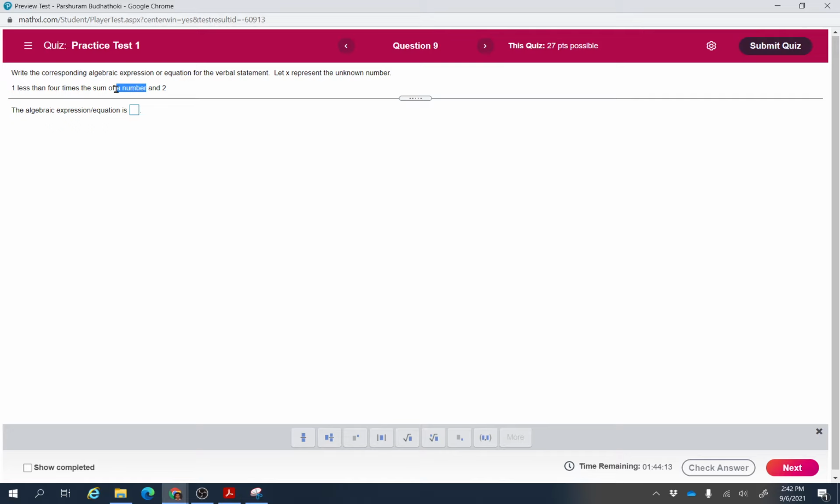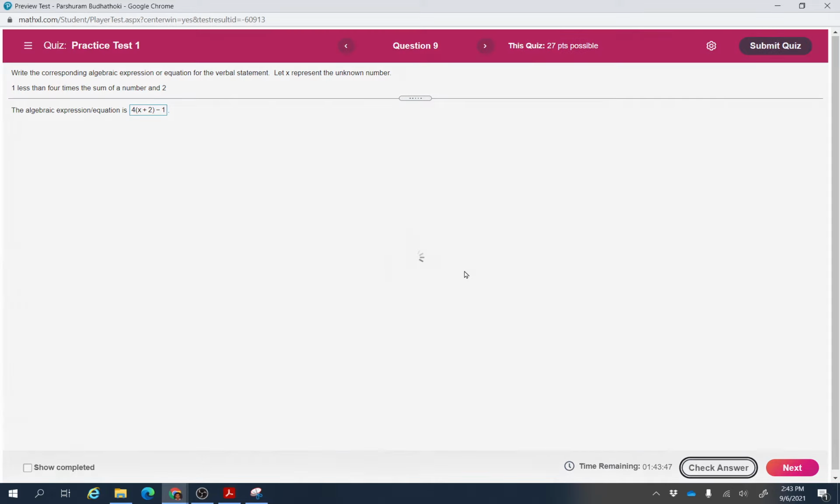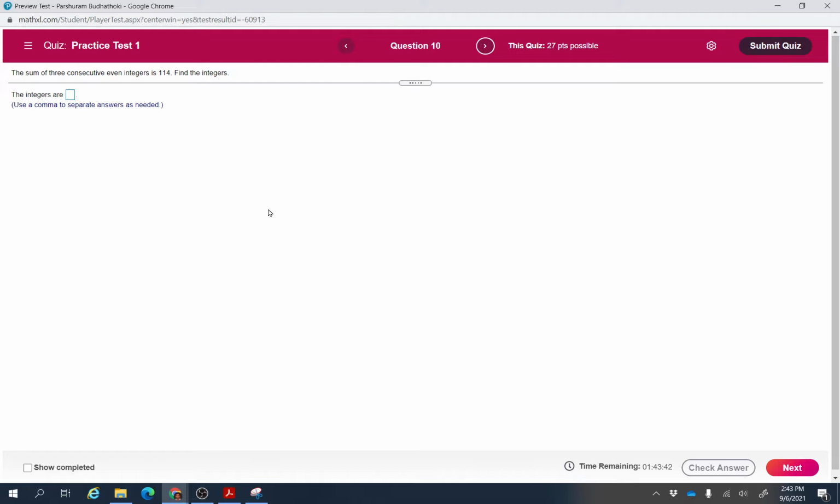Now let's go back, the sum of that number and 2, so x plus 2, 4 times that, 1 less than that, so that means 4 times x plus 2, minus 1. So 1 less than 4 times the sum of a number x plus 2. Okay, that's right. Let's go to the next problem.